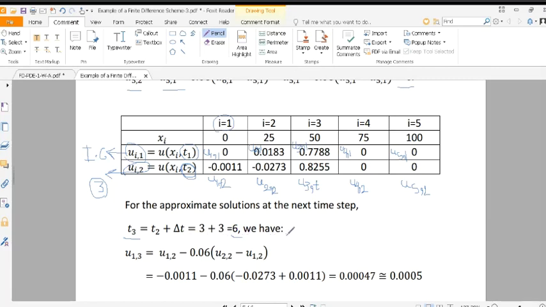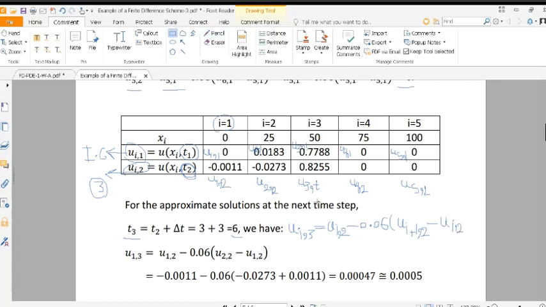The general equation for t3 is based on equation 3: u(i,3) equals u(i,2) minus 0.06 times u(i+1,2) minus u(i,2).